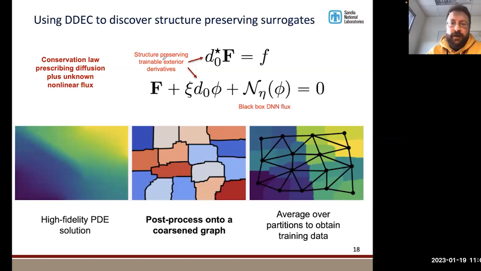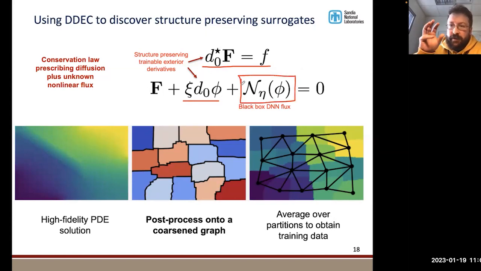And so the way you learn models in this framework is you pose a conservation law. So in this case, I'm going to say, all right, I've got the divergence of some fluxes is equal to the sources. I'm going to assume those fluxes look like, this is like grad phi, this is a gradient flux, plus a non-linear black box flux, right?